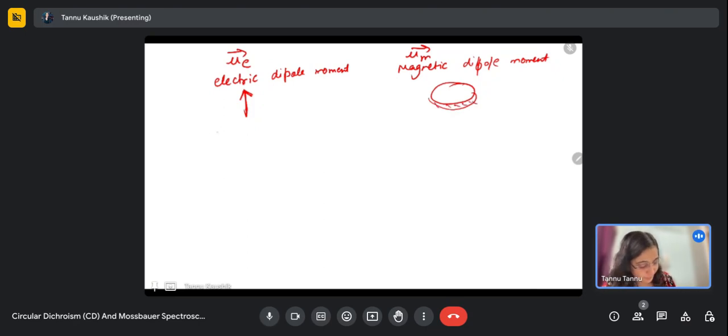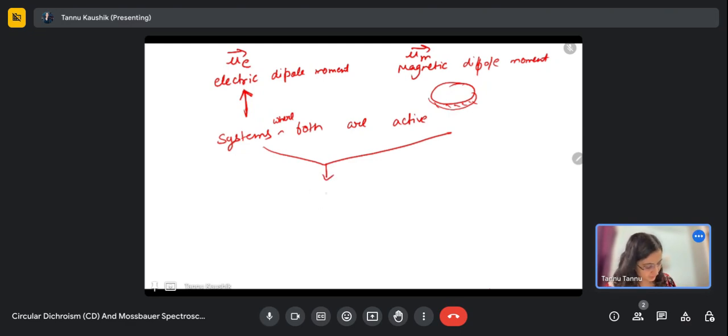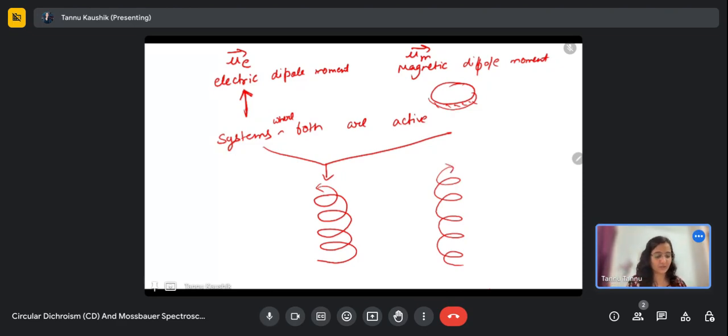So in the systems where both are active, the resultant motion will be helical motion, depending on the direction of operation of the electric dipole moment and magnetic dipole moment.